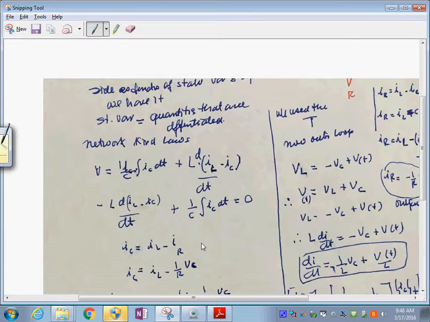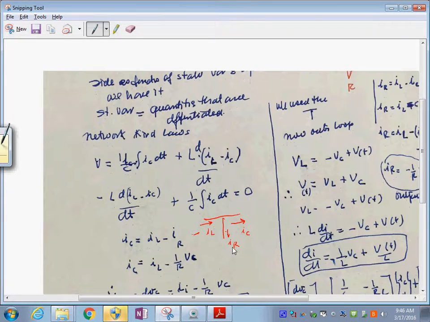Okay, it turns out if you do this, you see this one is already one of the state variables because you had it in here. See, you had it right there. I sub R. Now I'll go a little further up, right here. I sub C is this, so I sub L minus I sub R. So I sub L is the other state variable.